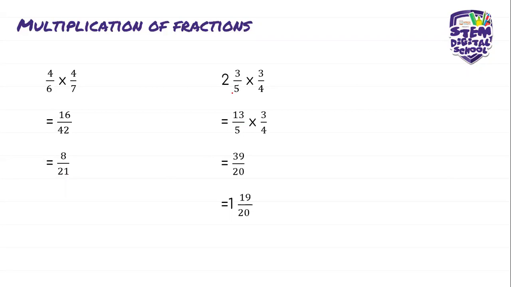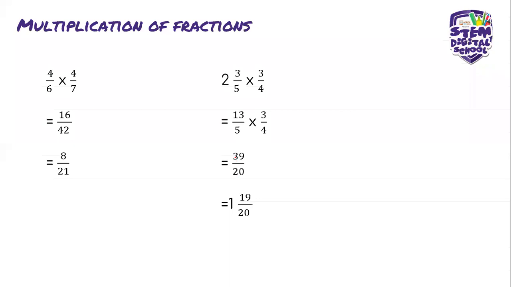I change this first to an improper fraction. 2 times 5 plus 3: 2 times 5 is 10, plus 3 is 13. So 13 over 5 multiplied by 3 over 4. Top with top, bottom with bottom. 13 times 3 is 39. 5 times 4 is 20.